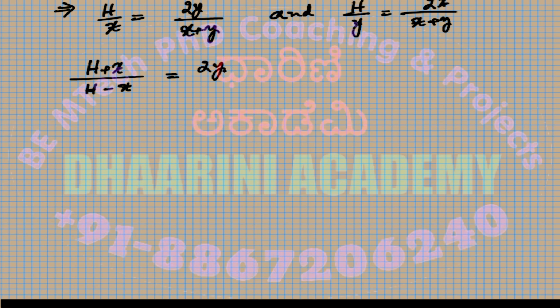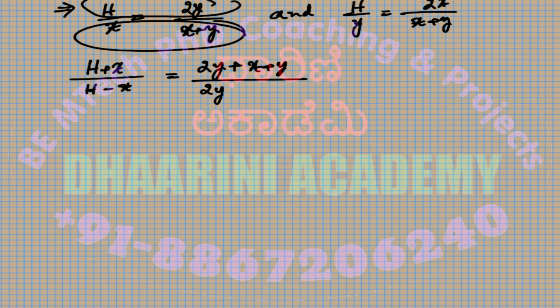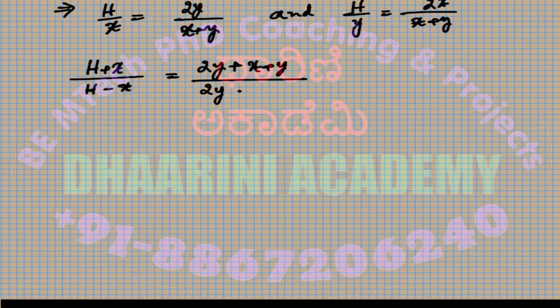So H plus X is nothing but 2y plus x plus y. And when I have H minus X, H gives you 2y from the above equation, and x corresponds to x plus y. So that is the componendo dividendo technique. I just have to apply that. So 2y minus of x plus y becomes y minus x.